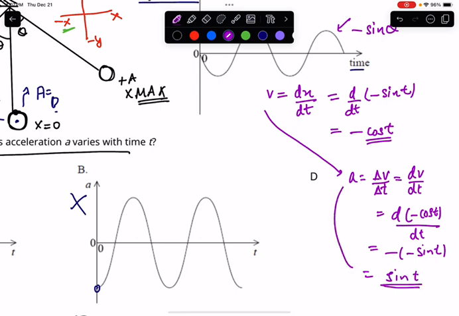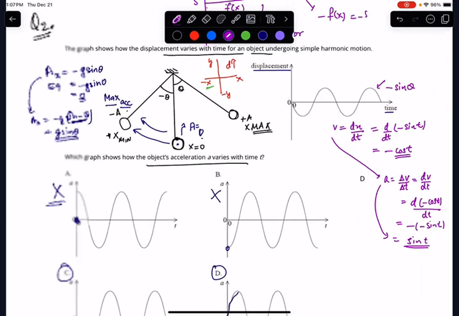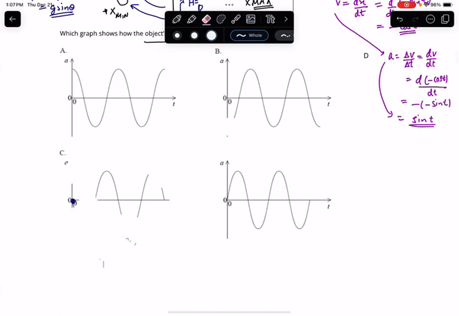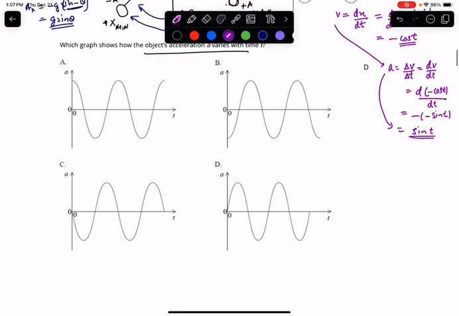So therefore, we see that our acceleration function must be of the form sine of t. Okay? So if the acceleration function is of the form sine of t, then all we have to do is look at this graph and see which function resembles sine of theta. And we find that graph t represents this function sine of theta.